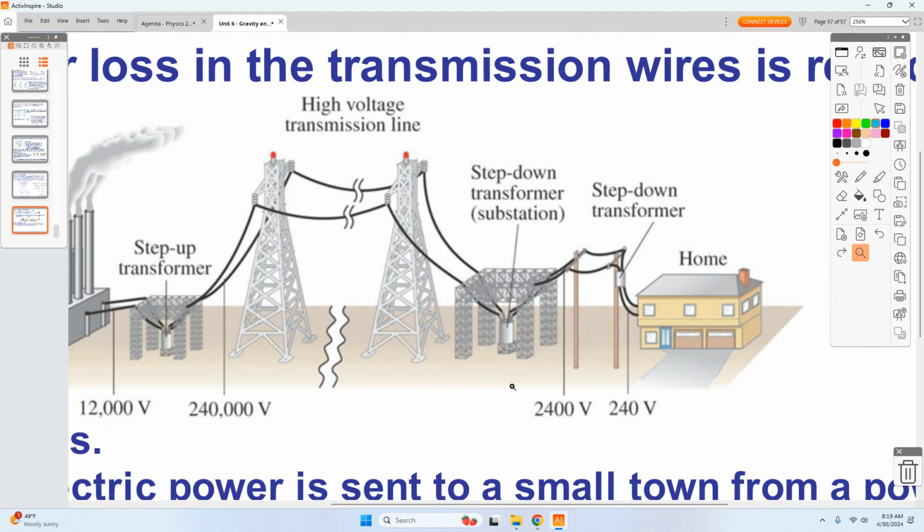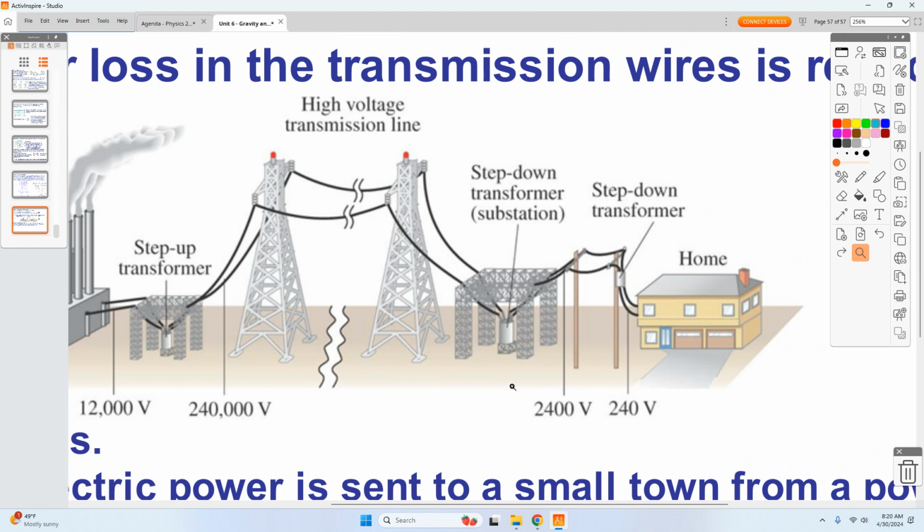You guys see the breaks in the, well, that's not an earthquake, right? That's showing a break in the distance, right? So we can transmit this thing hundreds, thousands of miles if it's at really high voltage. Then we step it back down to go into our homes. Now, usually coming into our homes, this is a secondary substation where it takes it from 240,000 volts down to 2,400.